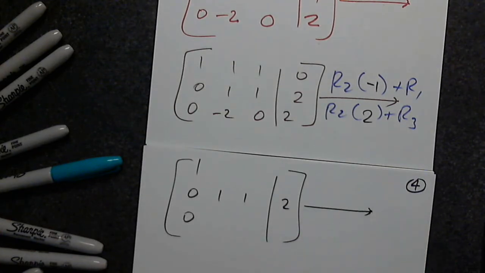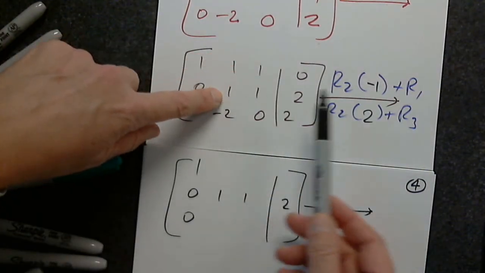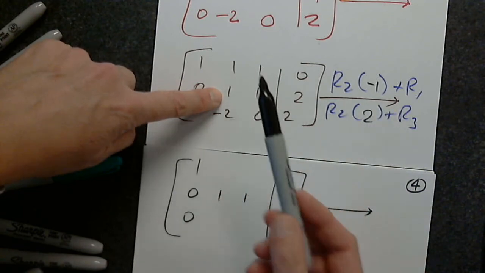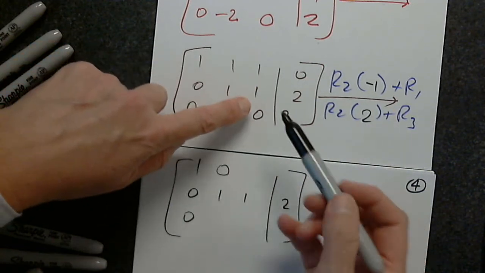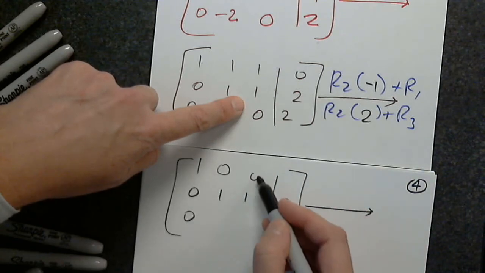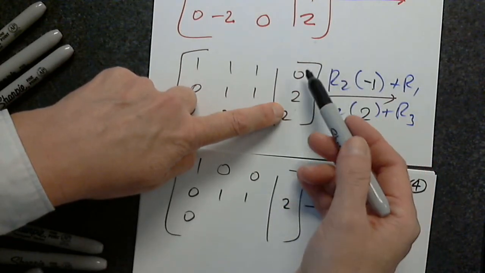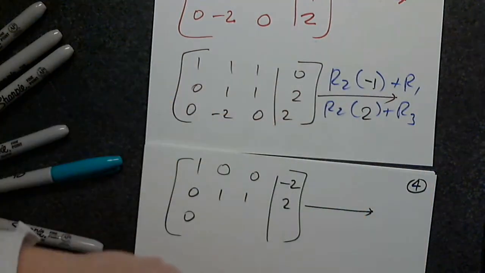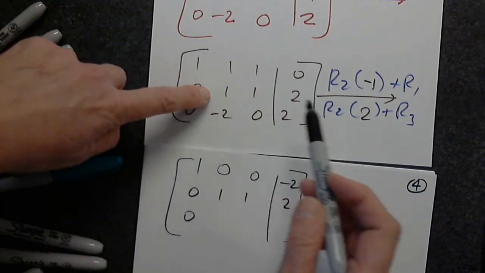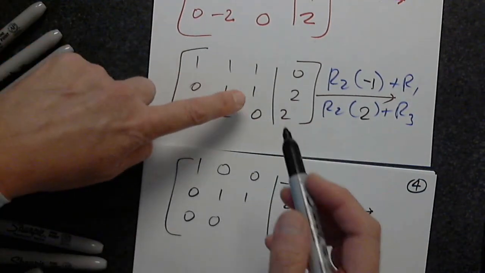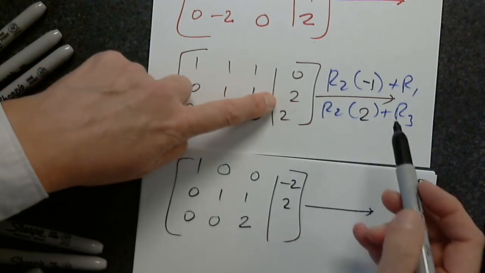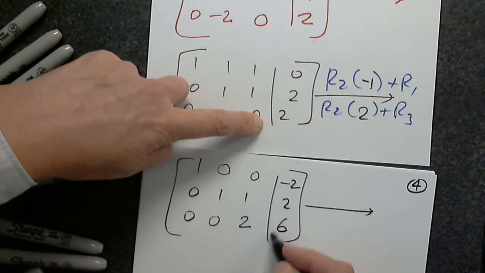Perfect. So let's see. 1 times negative 1 plus 1. 1 times negative 1 plus 1. 2 times negative 1 plus 0. 1 times 2 minus 2. 1 times 2 plus 0. 2 times 2 plus 2.